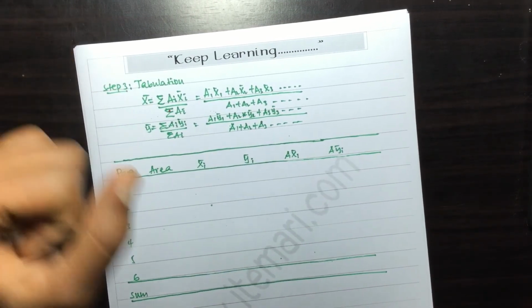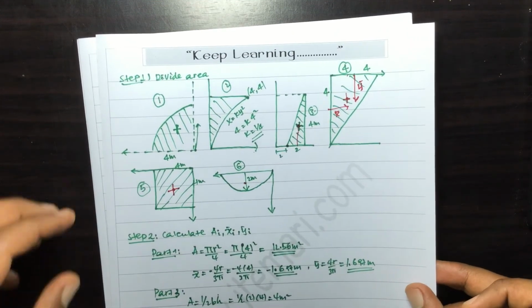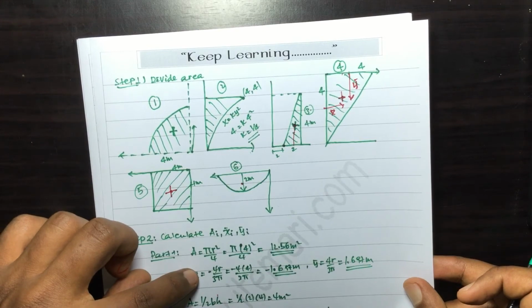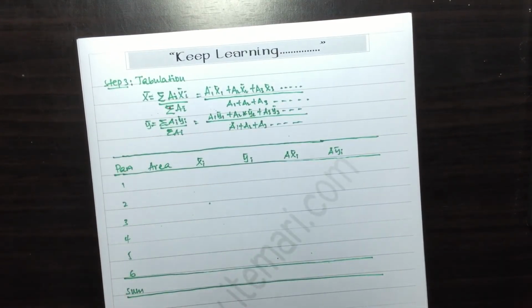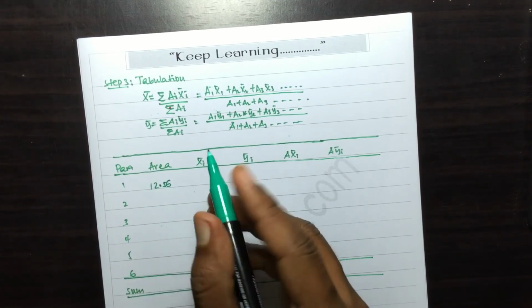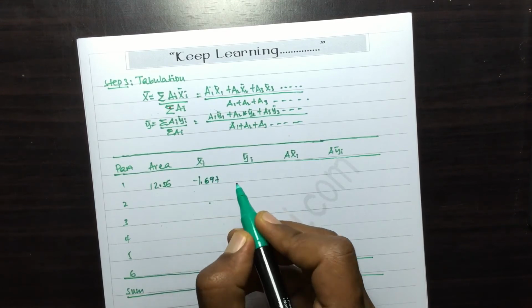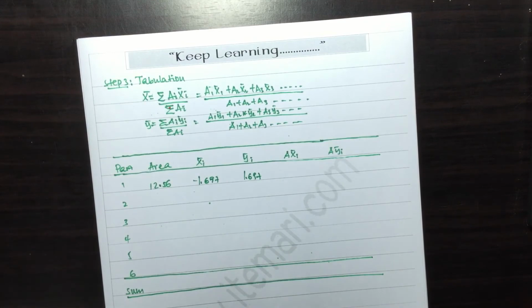So finally we take the sums of the area and of these components. Let us make a reference for the first part: if you remember, it has an area of 12.56, x bar will be minus 1.697 and y bar will be 1.67. I will place all these elements: 12.56 square meters, minus 1.697 and 1.697 for part 2.